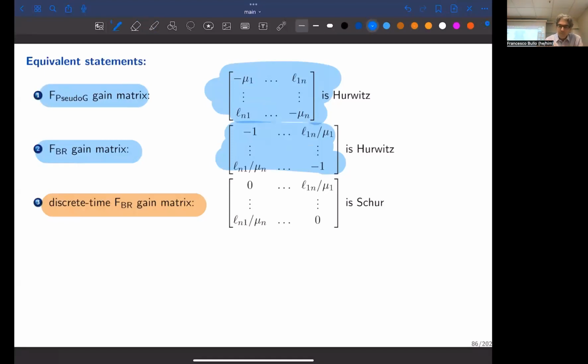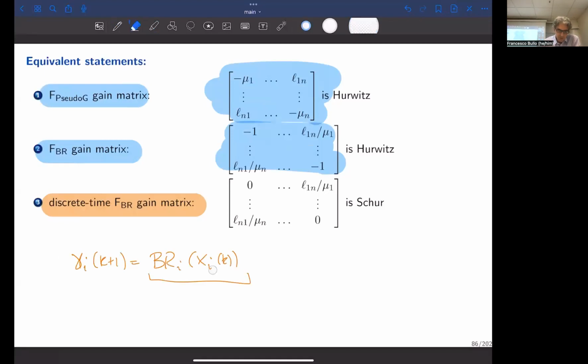And so what would that look like? So we wrote x_i at time k plus 1 is equal to best response for agent i as a function of x_{-i} at time k. So your decision at time k plus 1 depends upon the decisions of others at time k.